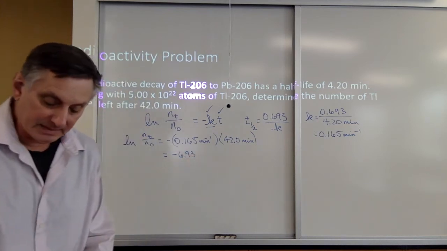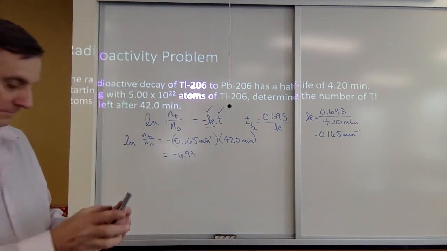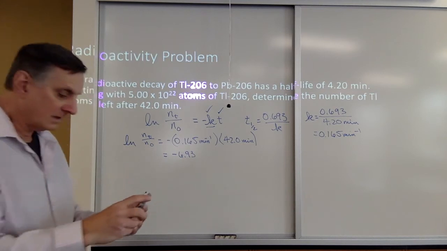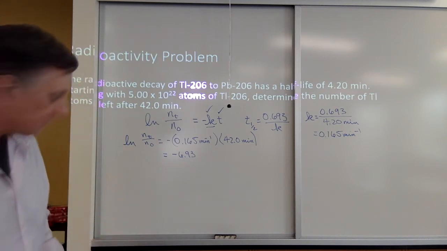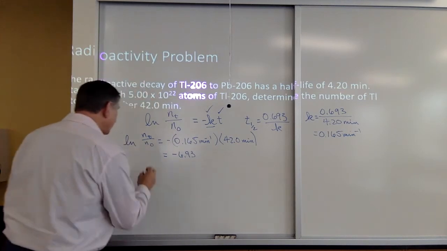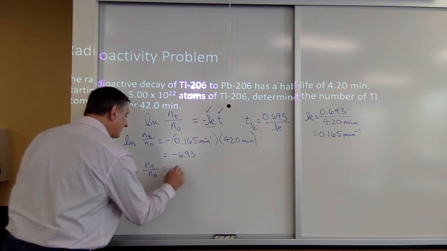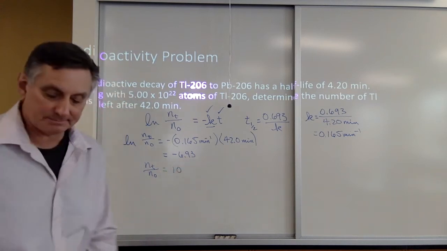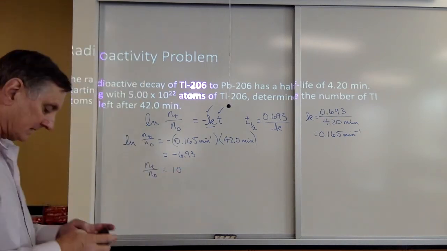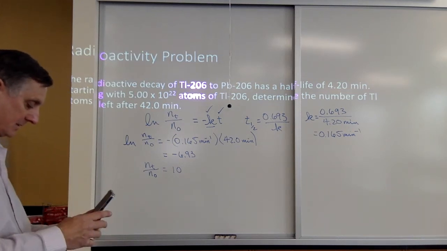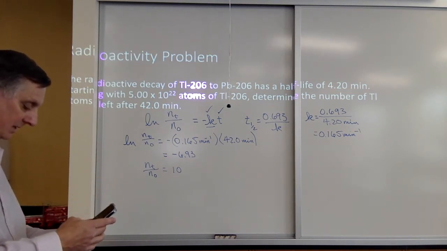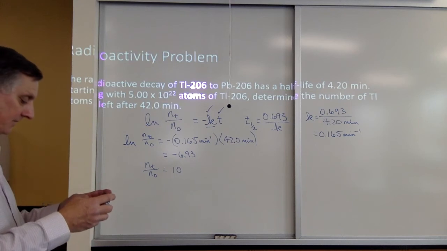If we hit e to the x, n sub t over n sub 0 is equal to... oops, I forgot to change the sign. This is what happens when you don't use the negative sign.